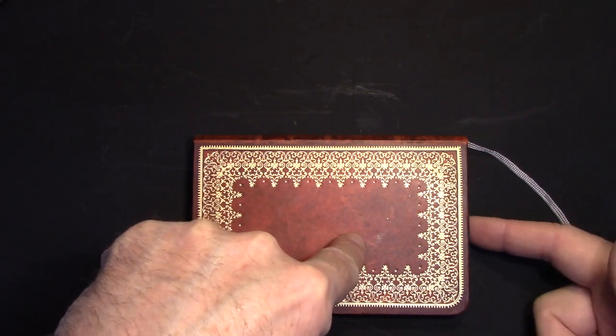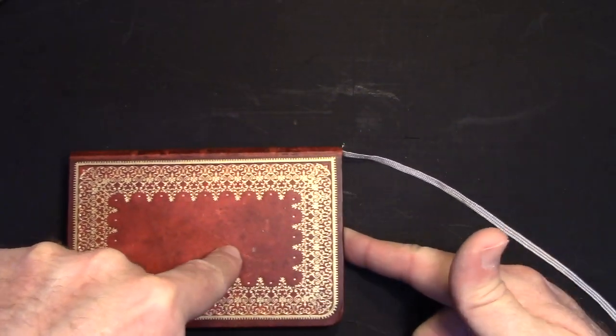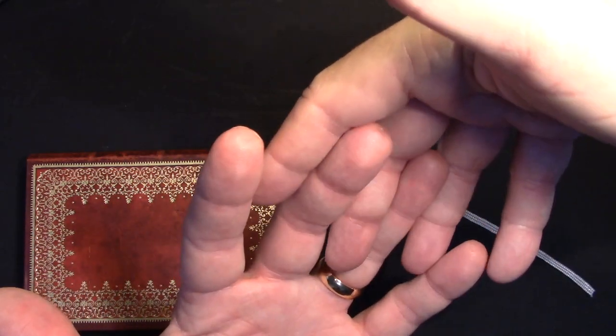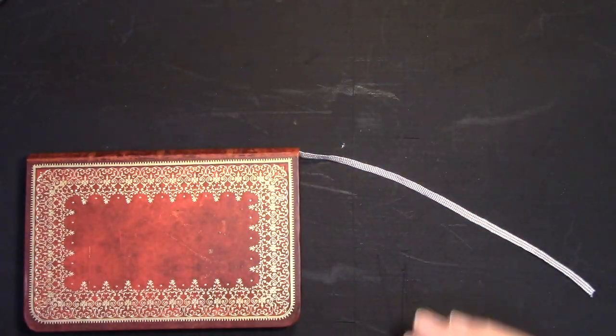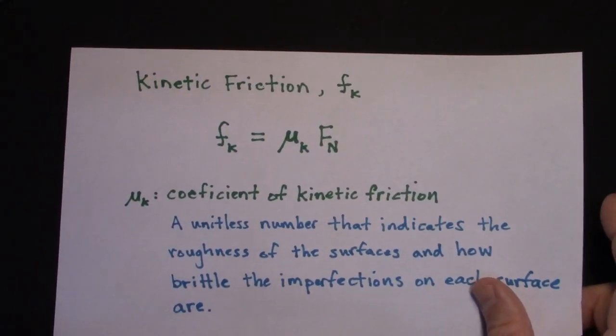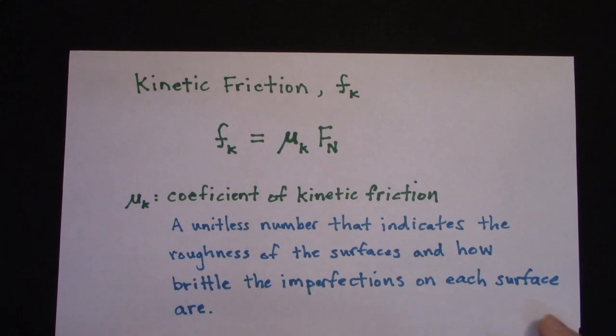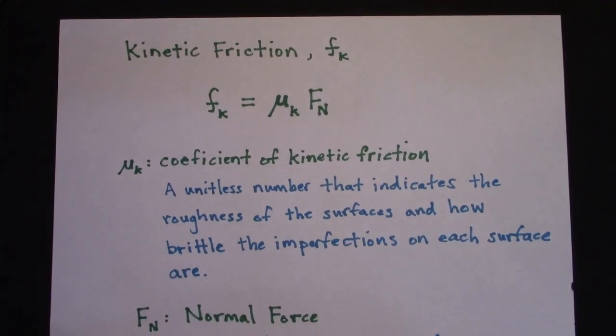If I press down on the book, it's a lot harder to push it across the table because these nooks and crannies are now crushed in there. So that's why the normal force is an important part of this. The more they're crushed together, the more the frictional force. And you just multiply those together.